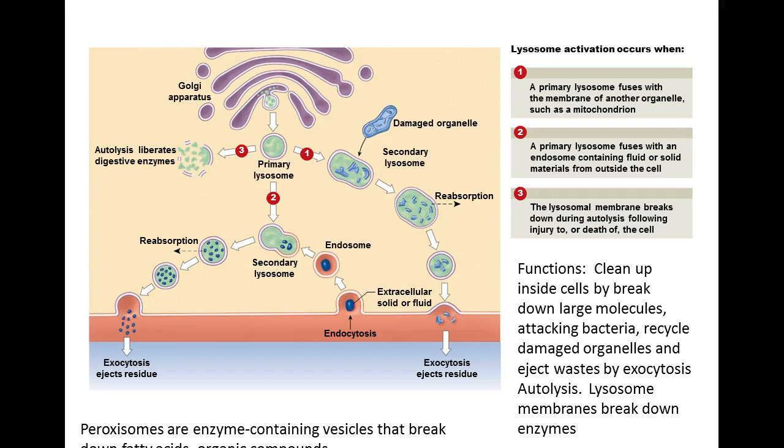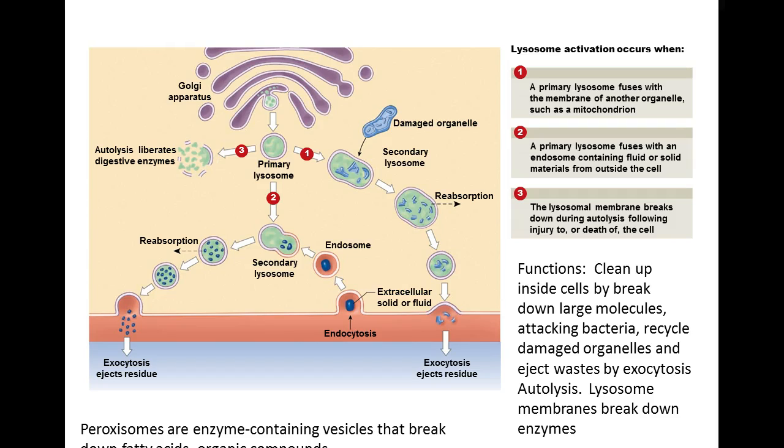So their job is to break them down. Now, lysosomes are a little bit more serious than peroxisomes. They are created by the Golgi apparatus, and they come out as a primary lysosome. A primary lysosome is not active. The enzymes are not active, which is a good thing because these are pretty serious enzymes.